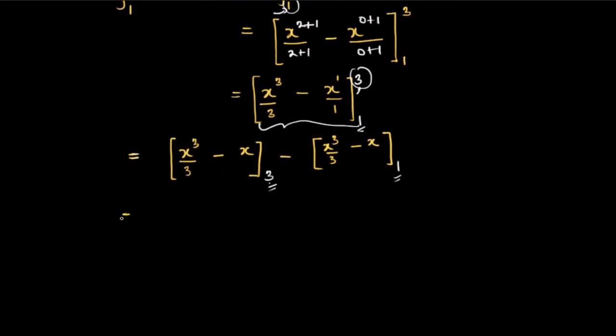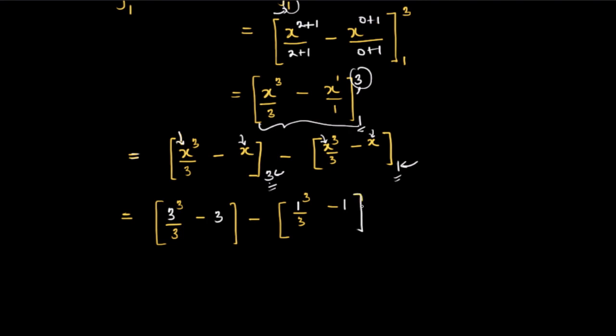So anywhere you have x, you replace it with 3 in the first bracket. That gives 3 cubed divided by 3 minus 3. For the next bracket, we replace x with 1, which gives 1 cubed divided by 3 minus 1.